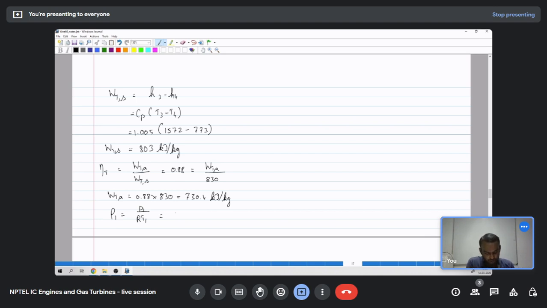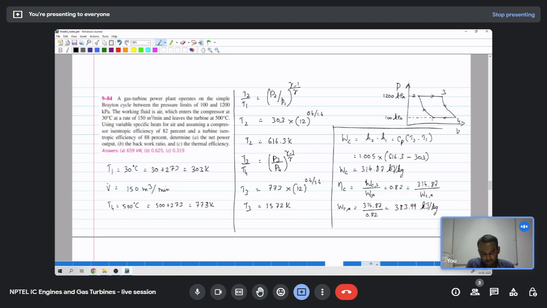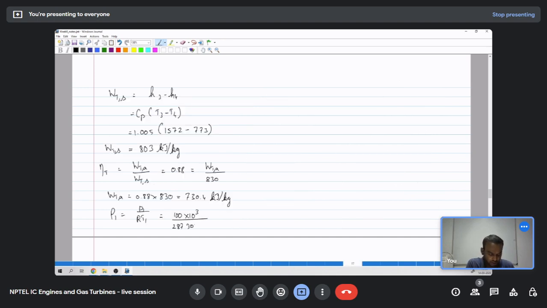So pressure at state 1 is given as 100 kilopascal, this is 100 into 10 power 3. For R we have 287, and temperature at state 1 is given as 303. With this we will calculate the density of the initial condition. So this is 1.15 kg per meter cube.